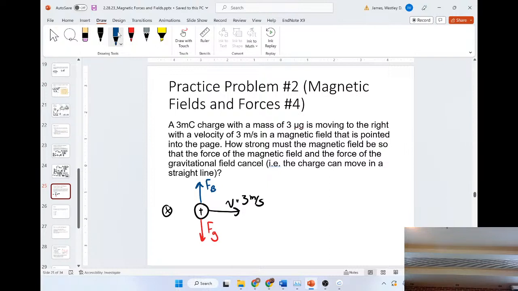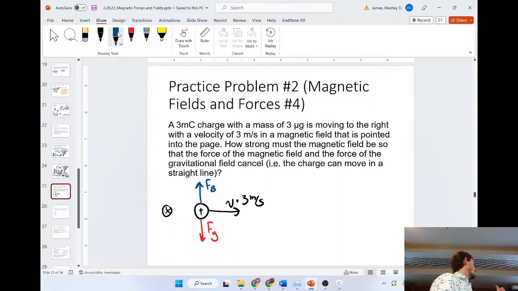Velocity is to the right, magnetic field is into the page. My thumb points up. Woohoo! It does work. For those online, bam, thumb is pointed up. That's important. If say my magnetic field was out of the page, it would be an impossible problem.